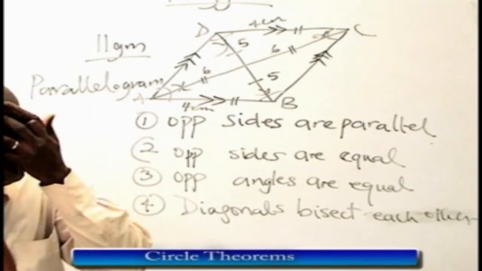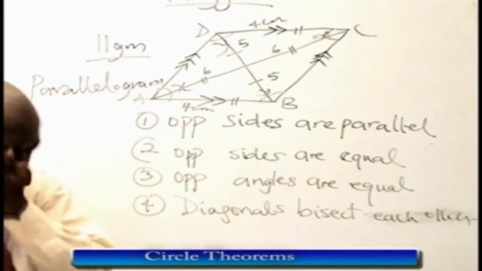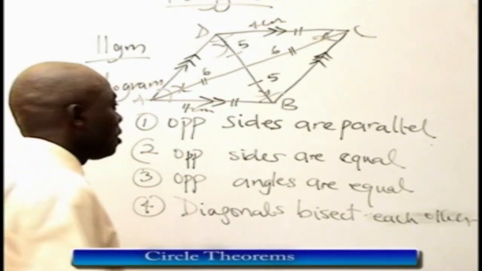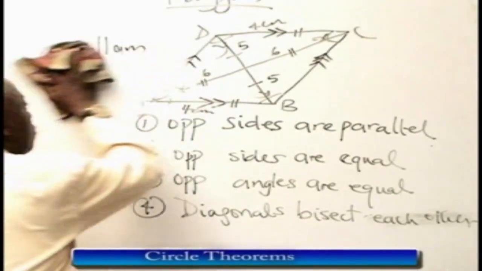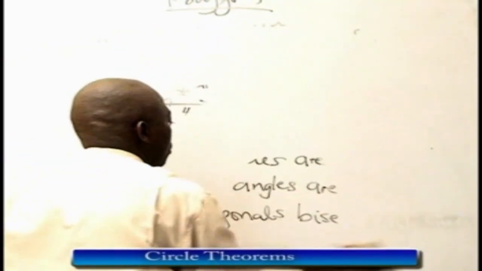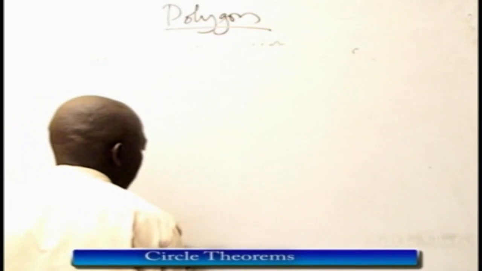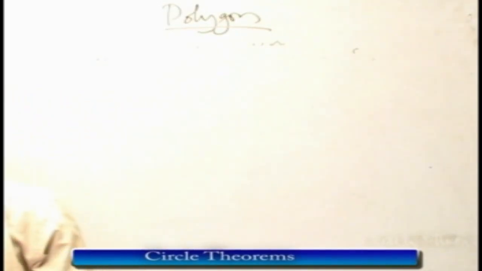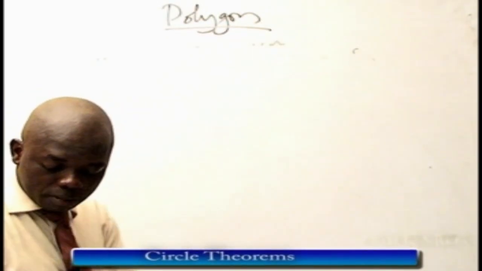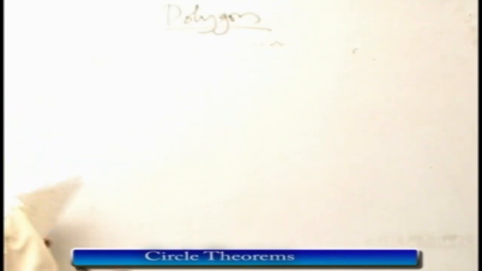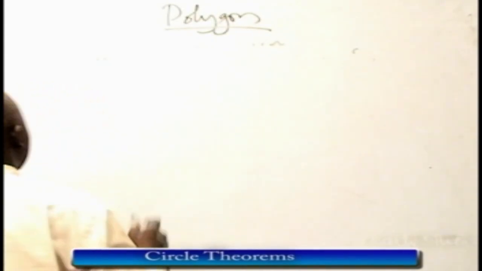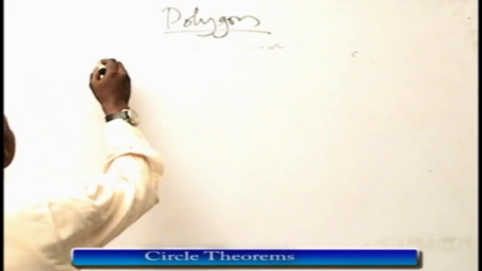Again, let's quickly look at rhombus. This may come in your objective question. Look at this. I'm sure you've seen a rhombus before. But if not, this is an opportunity to look at one.